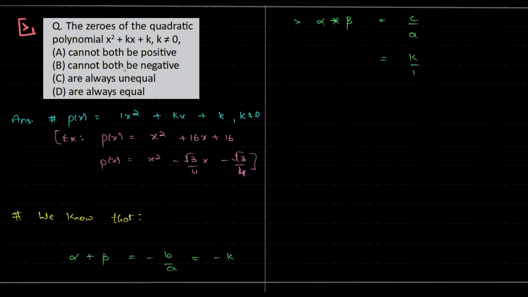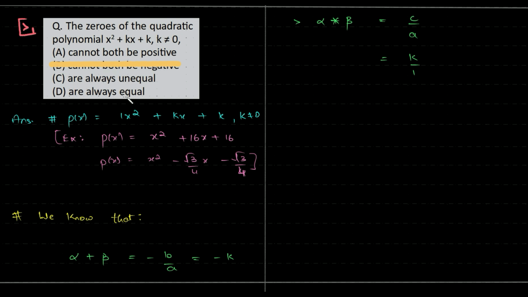They cannot both be positive. So they can be negative. Are you getting it? Here it is cannot both be positive. Please understand that. What you have written over here is wrong.